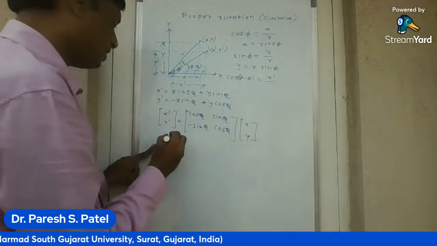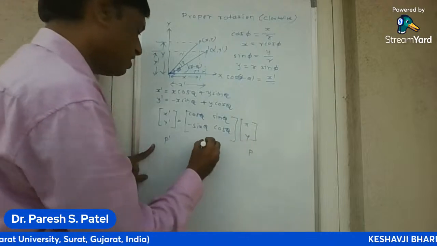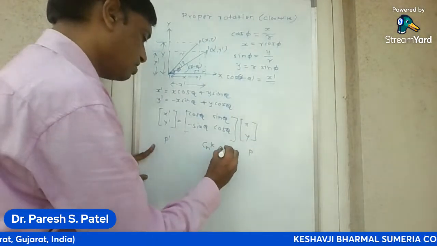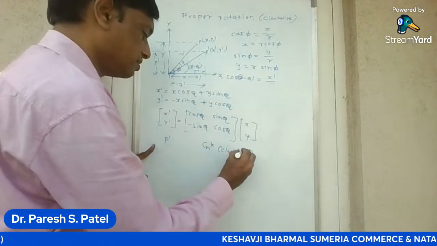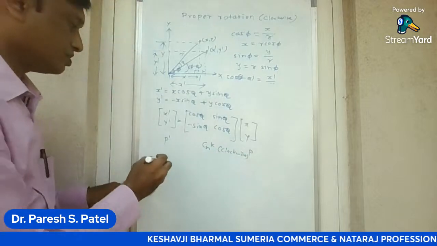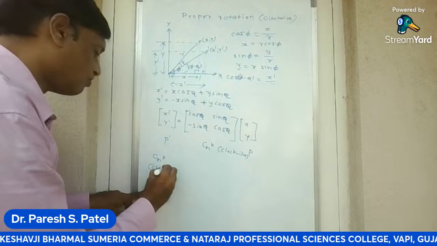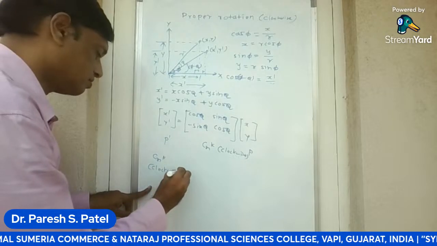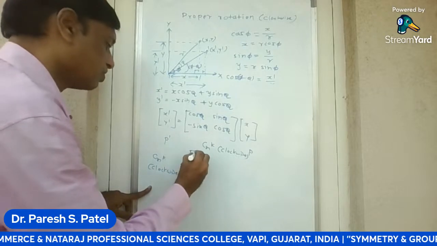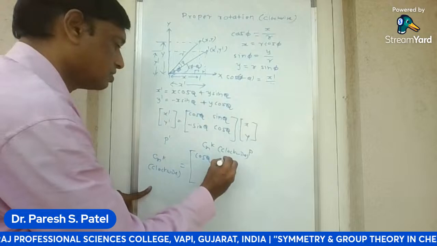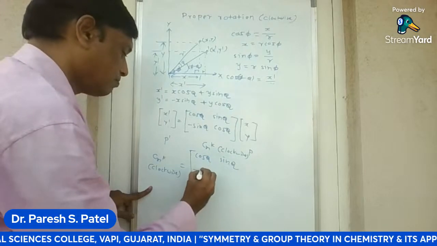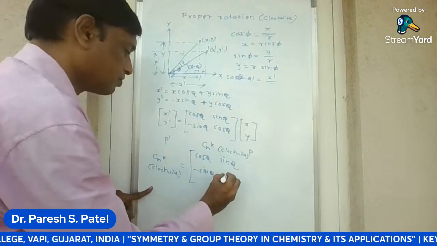This is the vector for p dash, this is for p, and this is the clockwise rotation. So we can write C_k clockwise is equal to cos theta, sin theta, minus sin theta, cos theta.